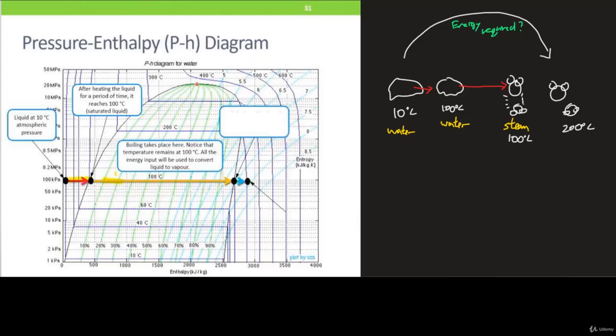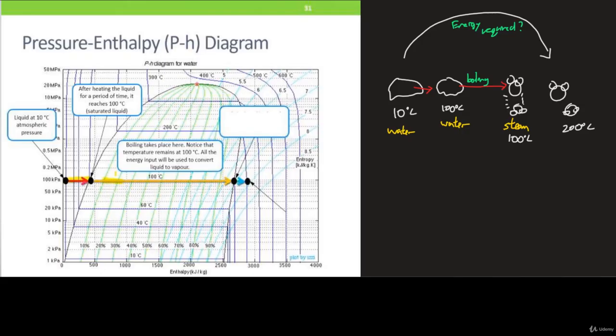All the energy that goes into the water at this point will be used to break up your H2O molecules. Your H2O molecules initially are very closely packed together because of hydrogen bonding. But because you are heating up the water, it breaks up this hydrogen bond, and the H2O molecules float around, so it exists as a vapor.